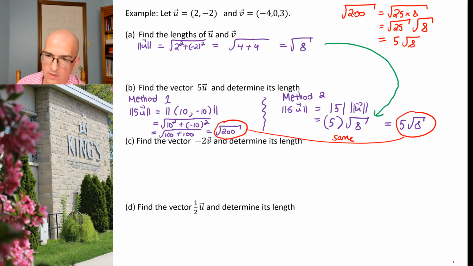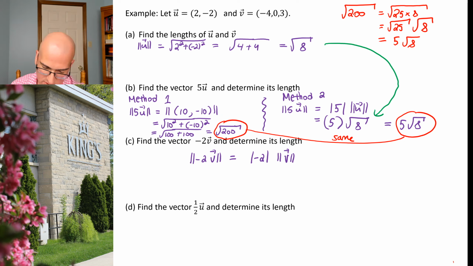Okay, next question, part C. I'm only going to use method 2 here. If you want, you can use method 1, but I feel like using method 2. So the length of negative 2 times v is equal to the absolute value of negative 2 multiplied by the length of v. Well, I forgot up above to get the length of v. I better do that.